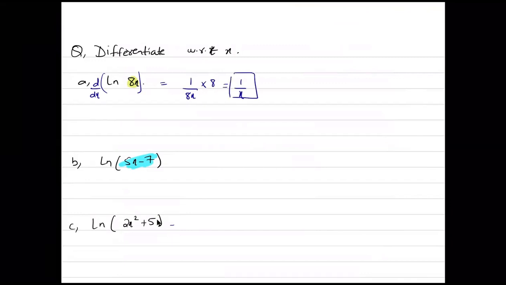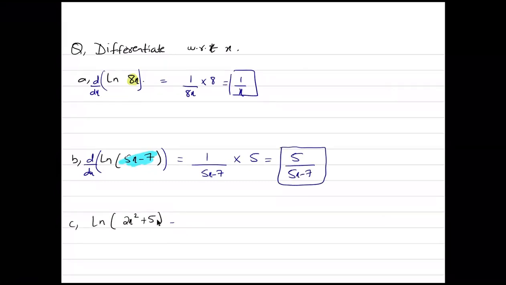Ln of 5x minus 7: the derivative is 1 upon 5x minus 7 times 5, so 5 over 5x minus 7. Ln of 2x squared plus 5: 1 upon 2x squared plus 5 times 4x.